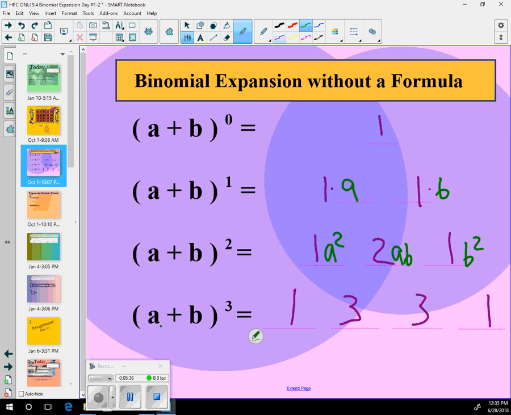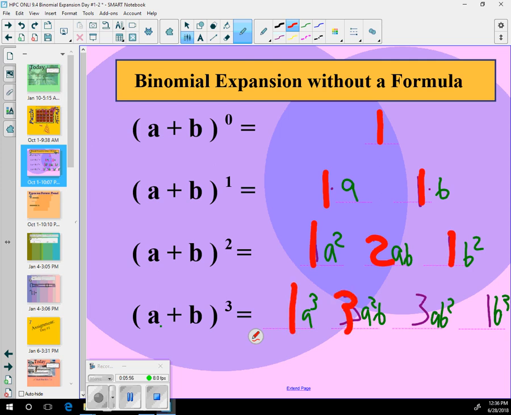And of course this is A cubed, A squared B, AB squared, and B cubed. Very easy to see my pattern here. 1, 1, 1, 1, 2, 1, 1, 3, 3, 1, and the next, A plus B to the fourth, will be 1, 4, 6, 4, and 1, and you can keep going and going.